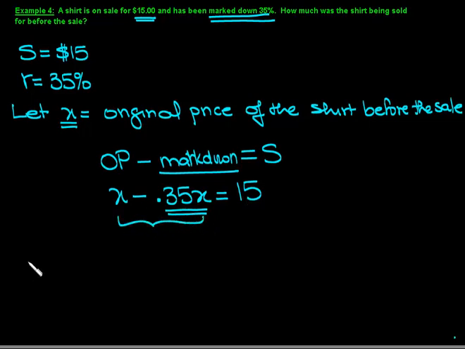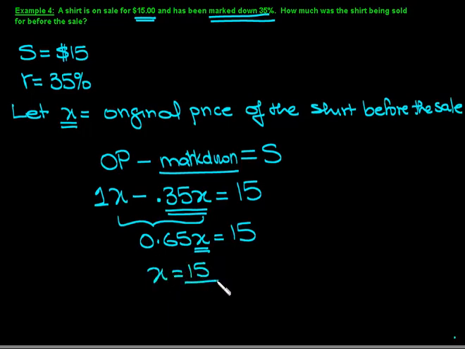Okay, so if you add the left hand side up, we get what? 0.65 x, because this is 1, so 1 minus the other coefficient is 15. To solve for x, to isolate x by itself, you divide both sides by 0.65, so you get 15 divided by 0.65, which will give us, if you divide this, we'll end up with what? 23.0769.